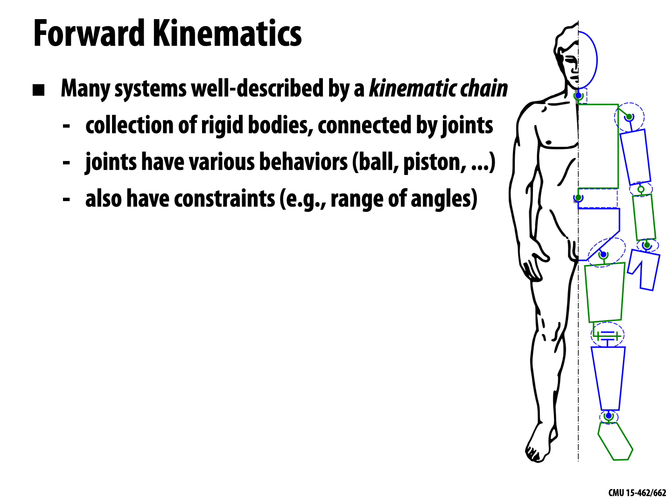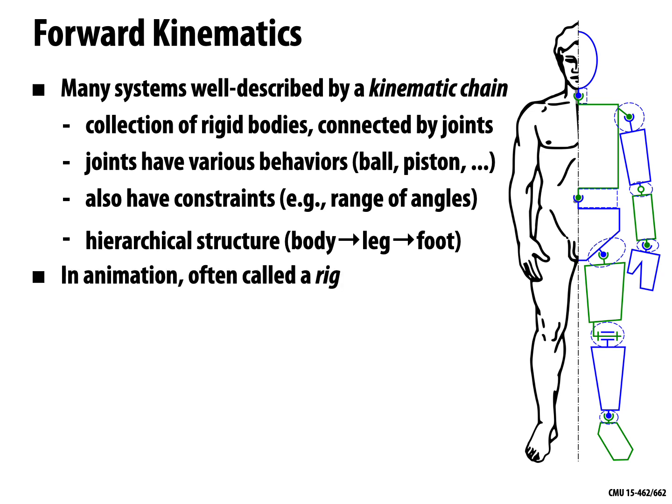For a kinematic chain, we also have a hierarchical structure. The configuration of the leg depends on the configuration of the body. If I rotate the whole body, the leg rotates along with it. If I rotate the leg, the foot rotates along with it, and so forth. In animation, people often call this a rig, just a colloquial name for a kinematic chain.